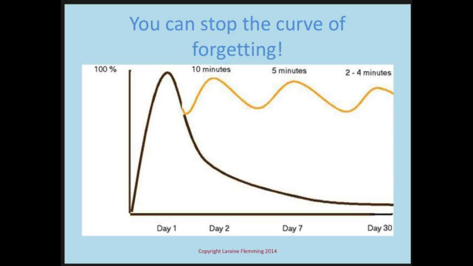So if you spend just 10 minutes sometime during that 24-hour period from when the information was first presented until the end of that 24 hours, you'll be able to keep your rate of remembering up at that 80 to 90% level. After the first day or two of spending 10 minutes reviewing your notes, cut it down.